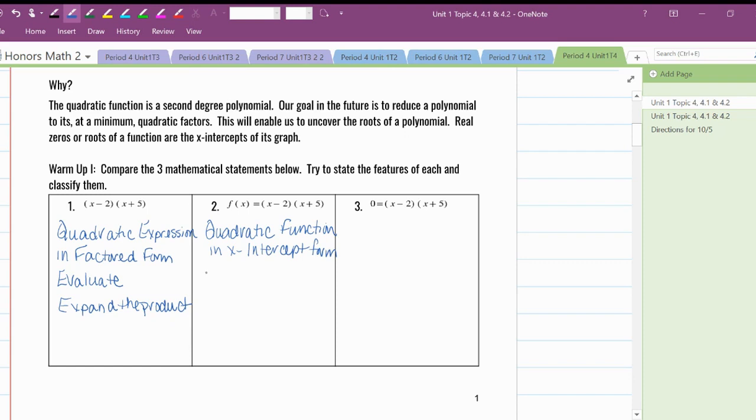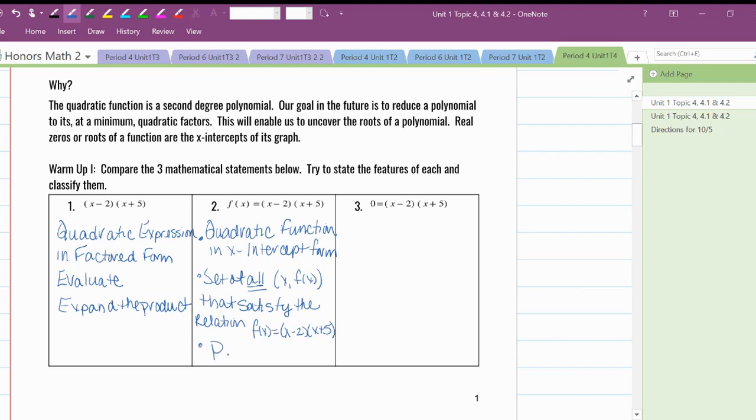This is the set of all x comma f of x's that satisfy the relation: f of x is found by taking an input minus 2 times that same input, add a 5, and multiply them together.